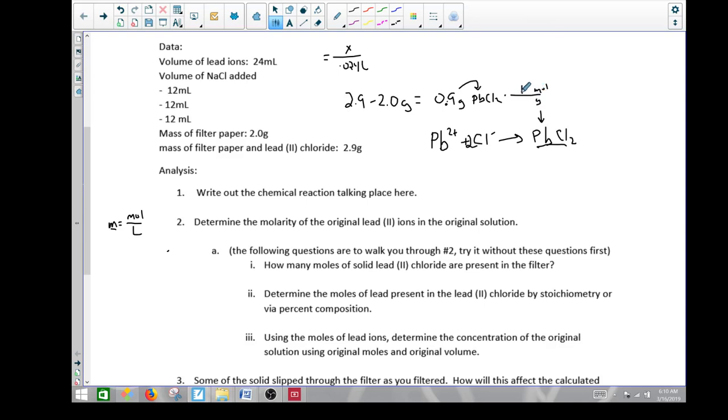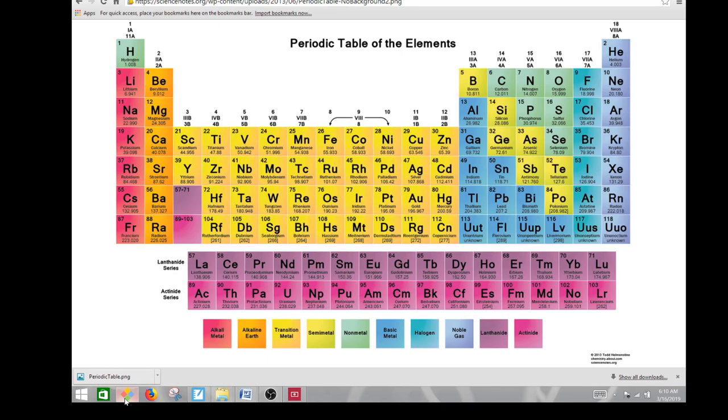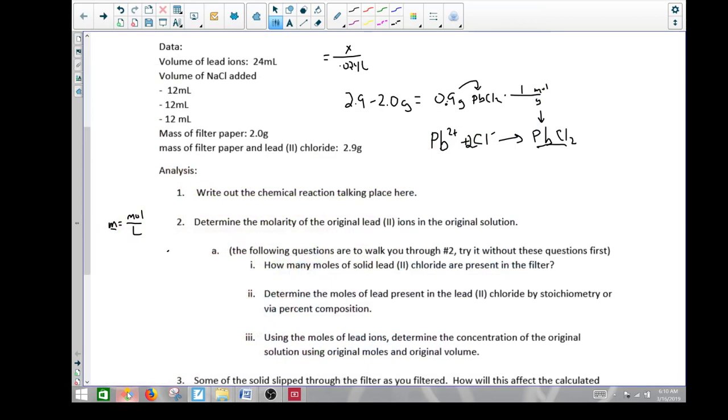Lead is, I think I have a periodic table here, I think it's 207. So lead is 207, and the chlorine is, let's just go with 35.4, and we'll add that up. 207 plus 35.4 plus 35.4, and I get 277.8.